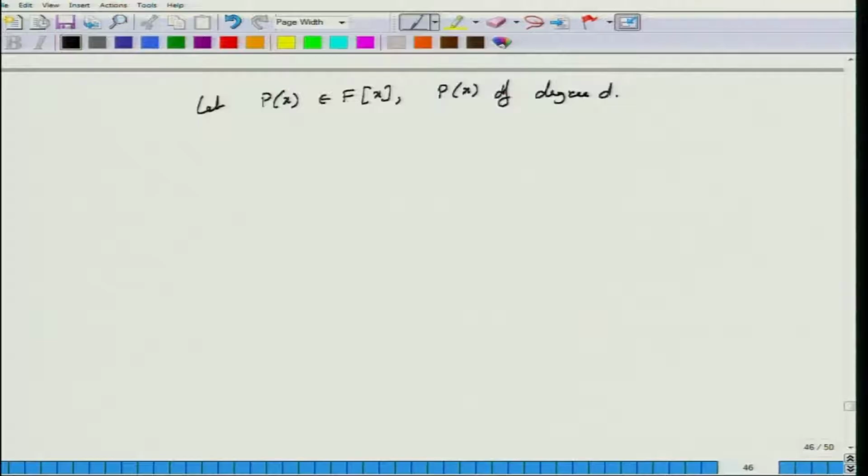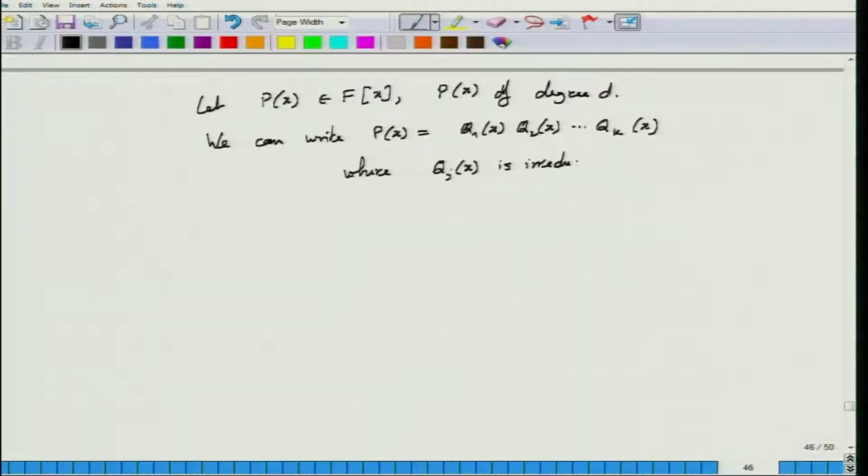And let's go back to the fundamental theorem of algebra, where we are looking at the roots of this polynomial P in the field F. Since unique factorization holds, I can write P as, let's say, Q1(x), Q2(x), dot dot Qk(x), where Qj(x) is irreducible. And this can be written uniquely.